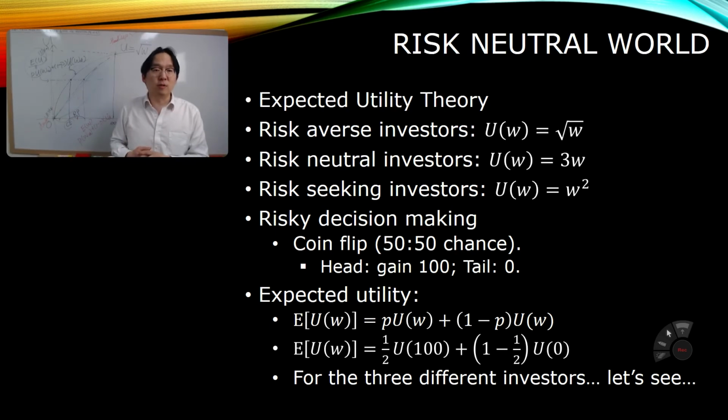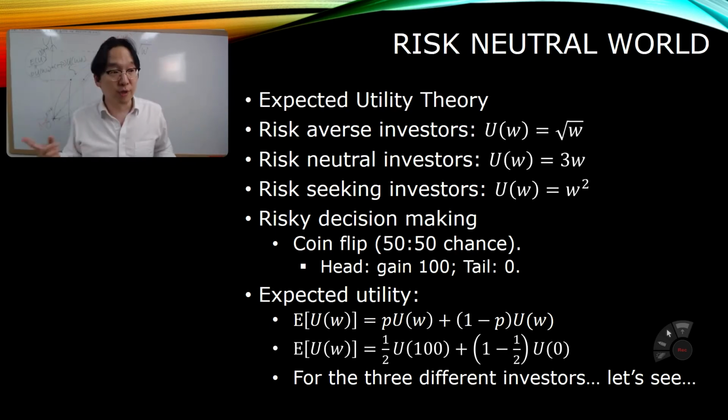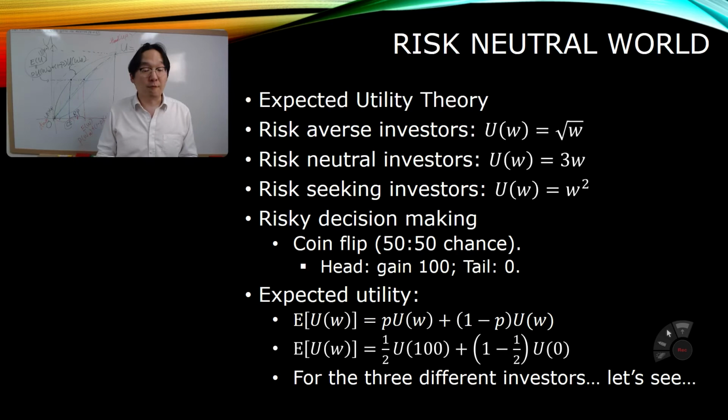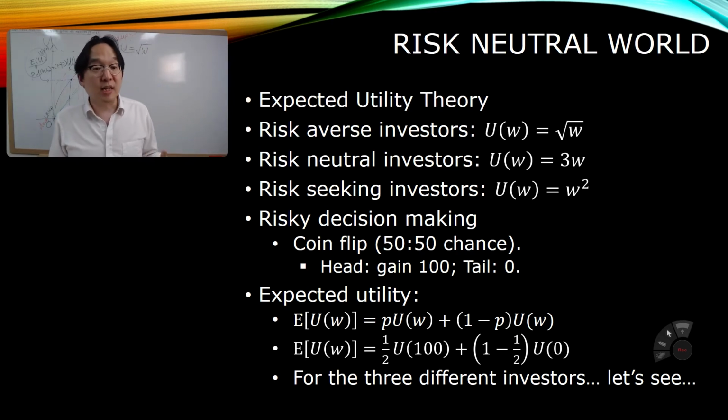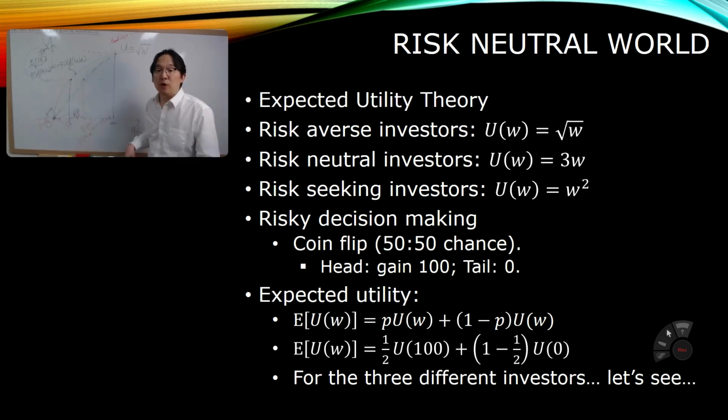Let's just put this number 3 over there as a coefficient. The third one is risk-seeking investors or gamblers, natural-born gamblers, which is a square function, wealth squared like this. Okay? Convex function, concave function, and the linear one.